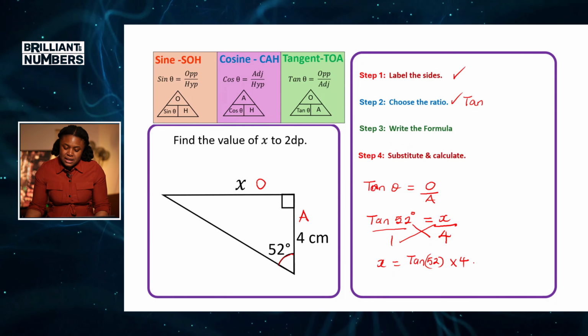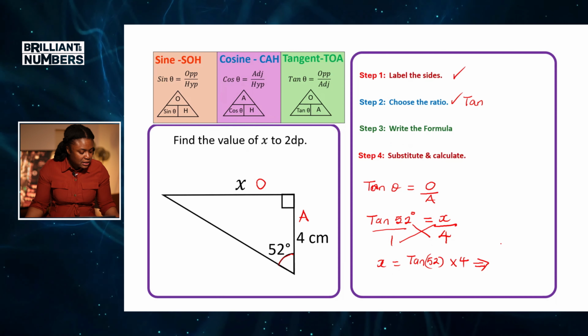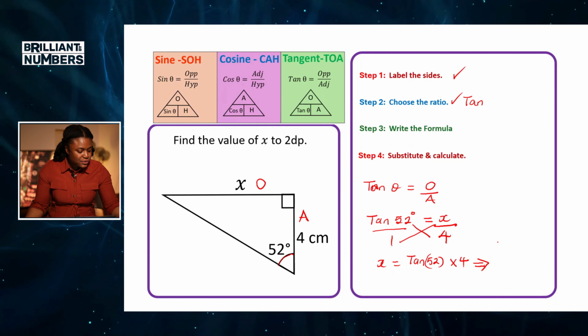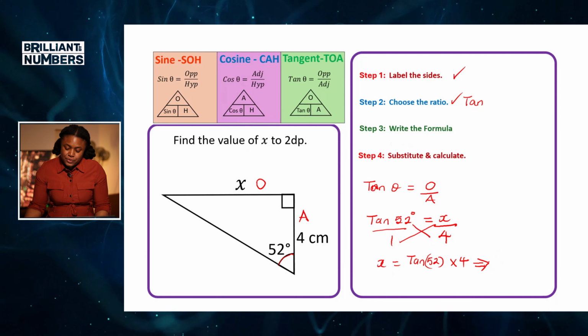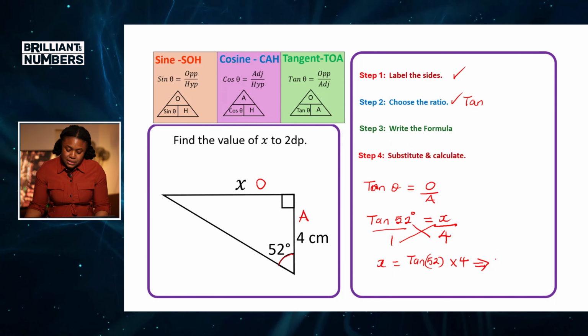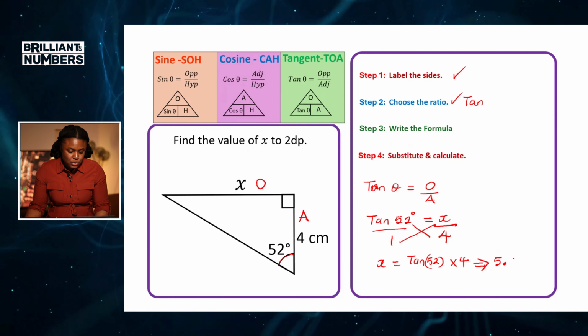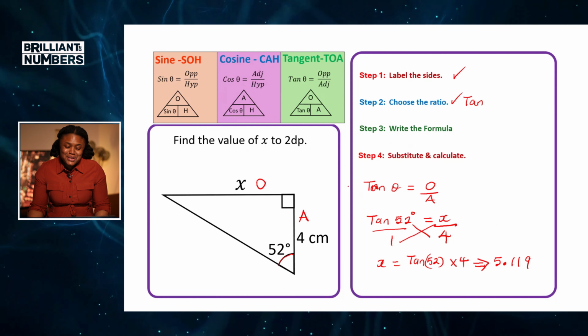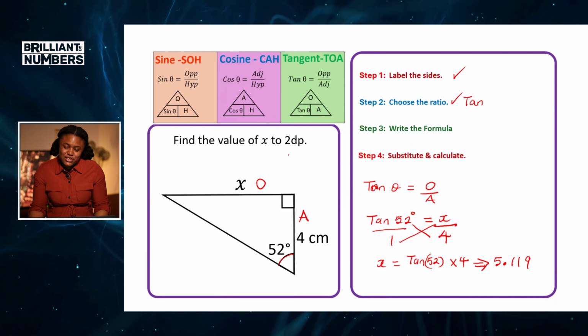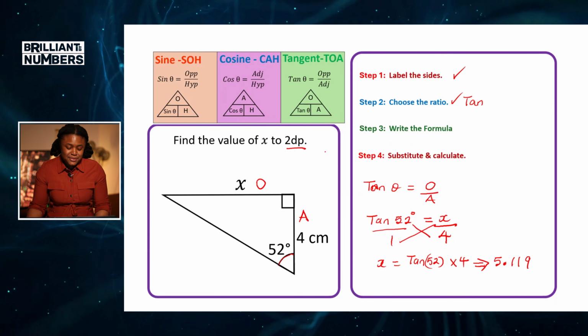I go ahead and just put that in my calculator. So tan 52 multiplied by 4, I'm going to write that as well to 3 decimal places. So that's equal to 5.119. I go back, pay attention to my degree of accuracy, which is 2 decimal places.